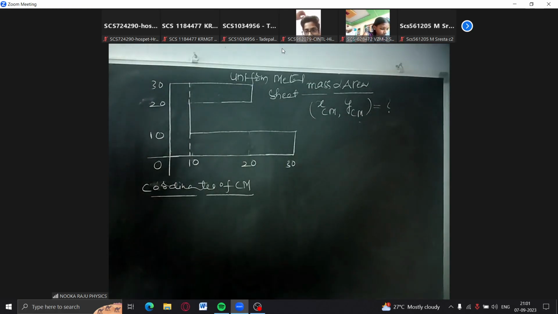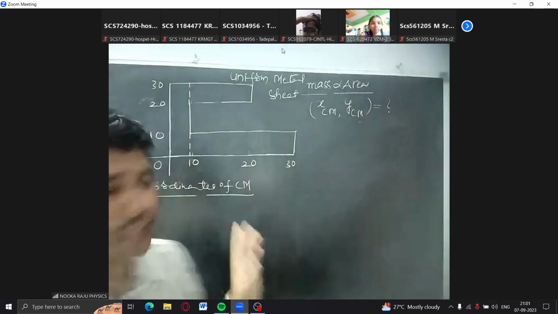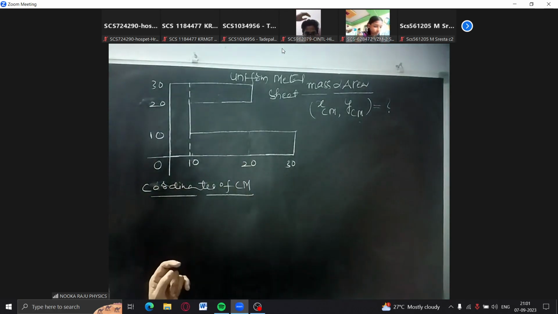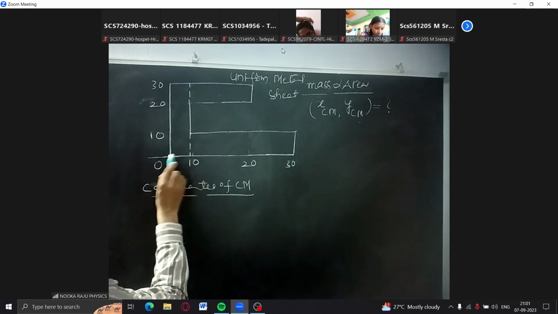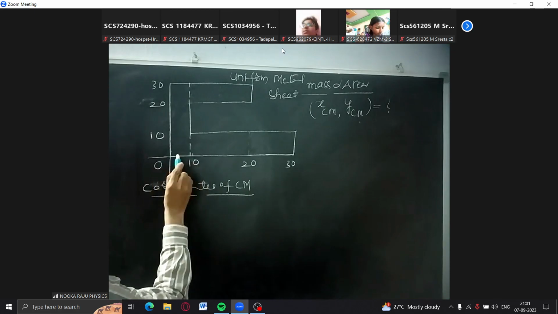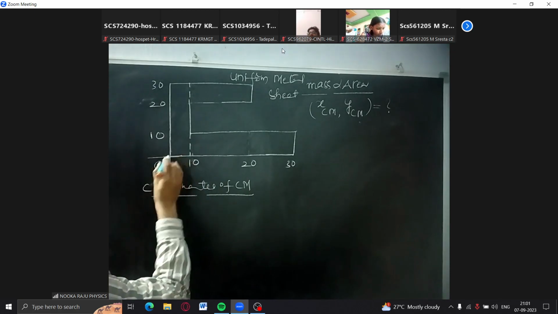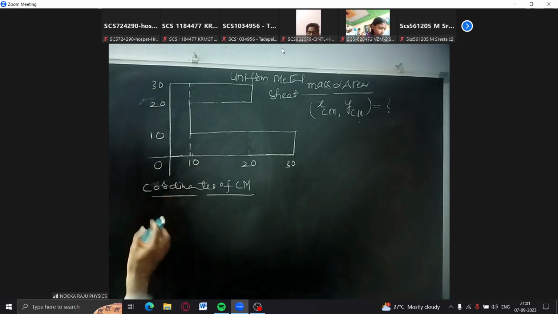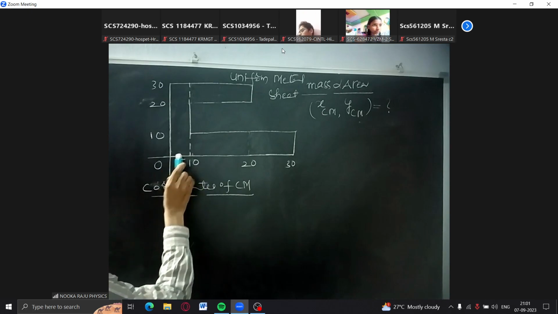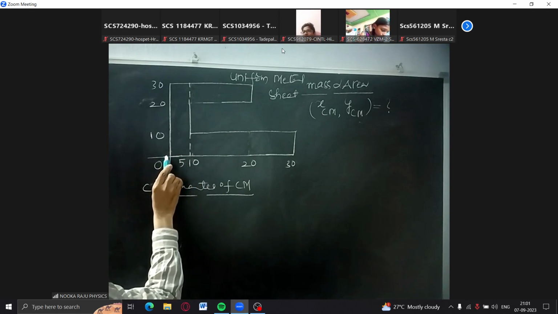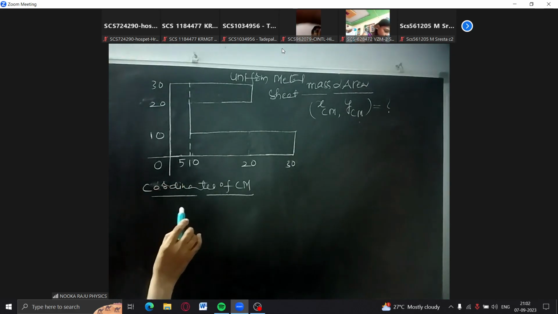First I consider how many possibilities of center of masses are there in the given metal sheet. From 0 to 10, what is the midpoint? Assume this is the midpoint: along the x-axis, 5. Coming to the y-axis, where is the center of mass?